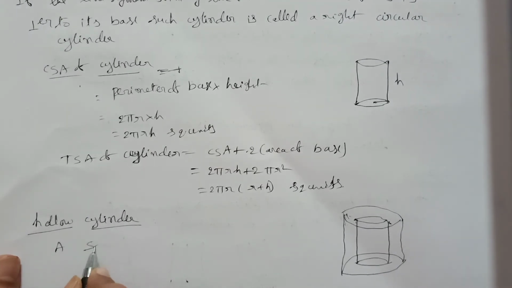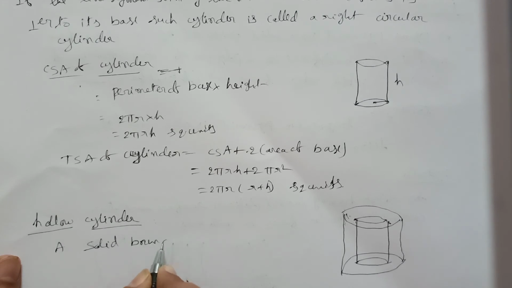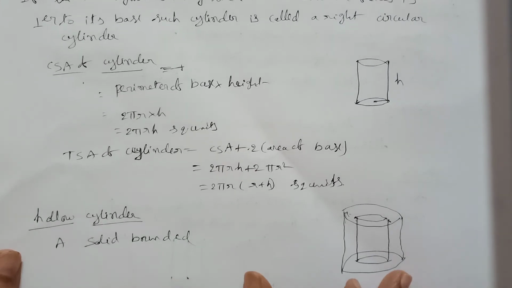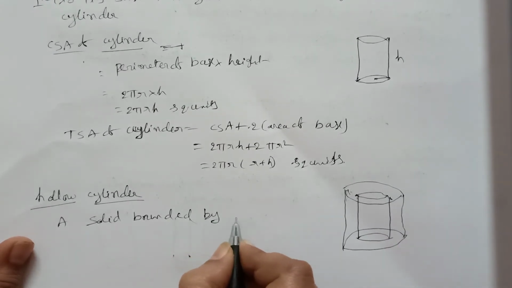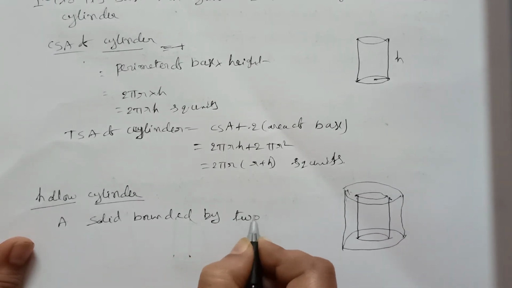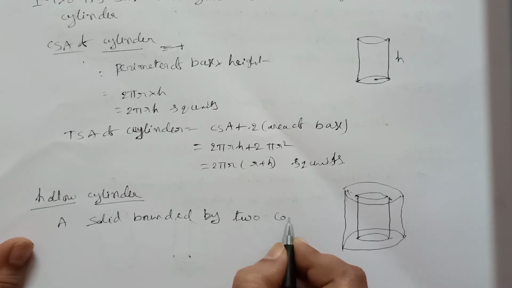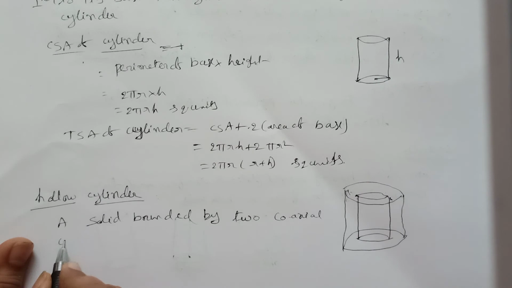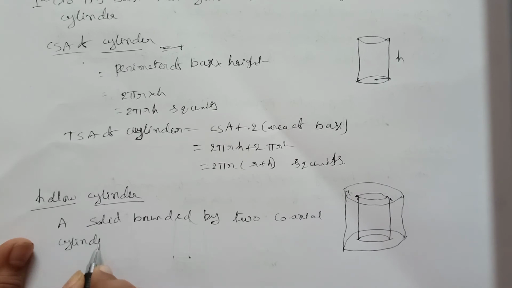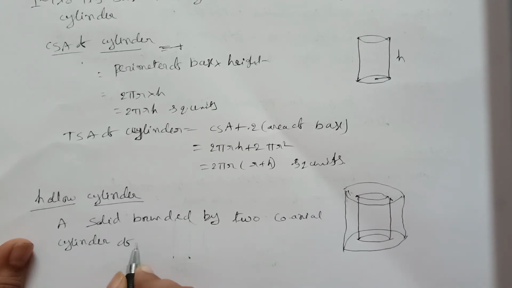A solid bounded by two coaxial cylinders of the same height.